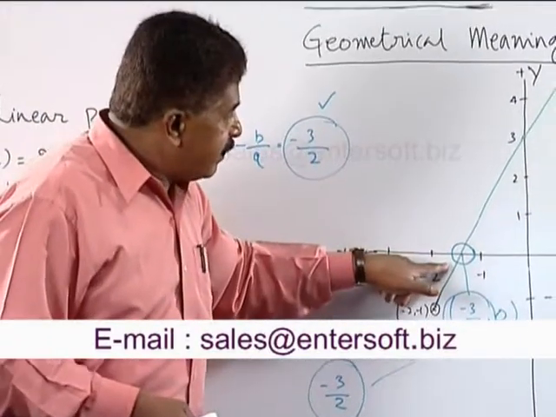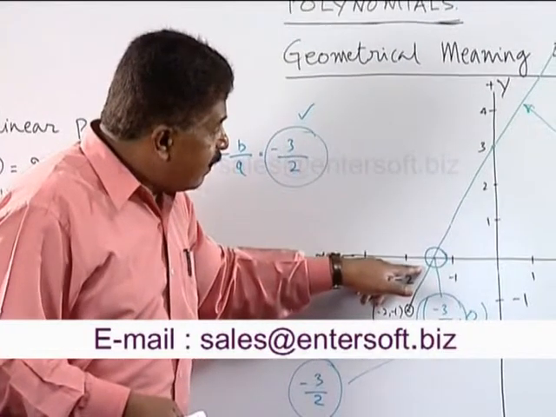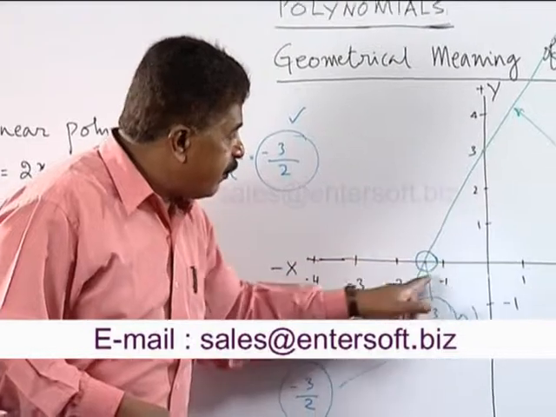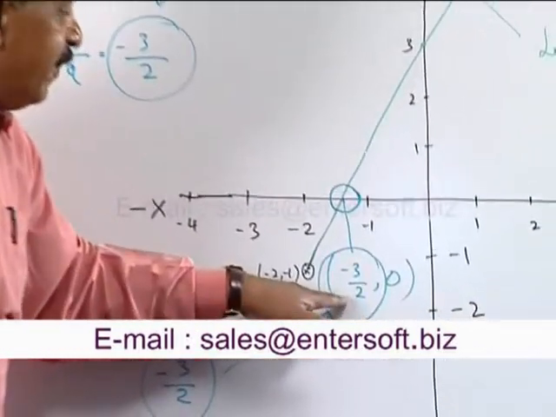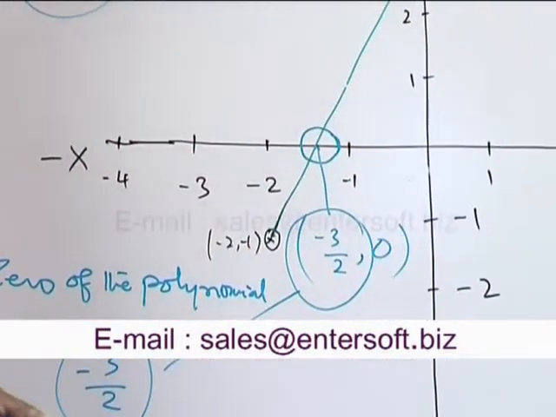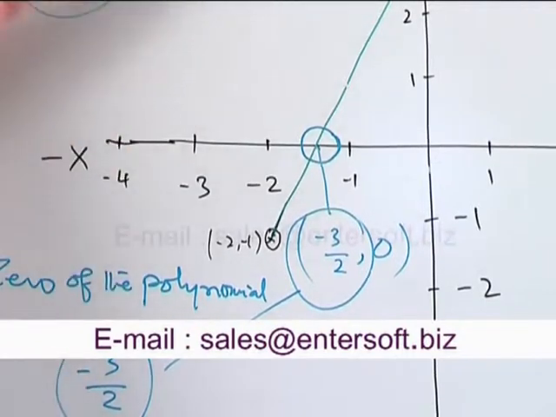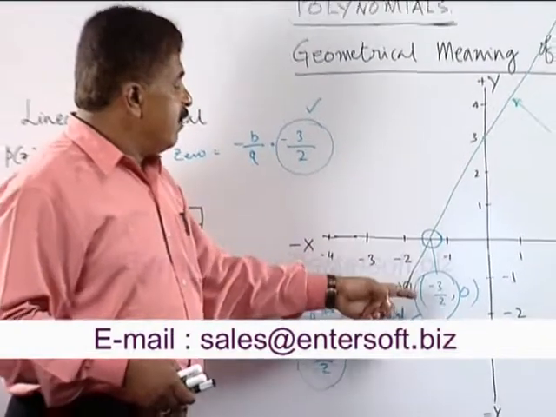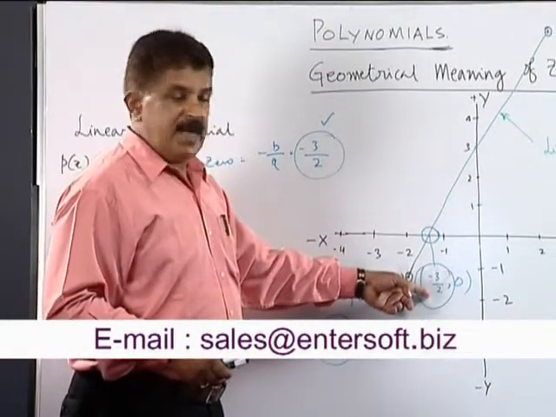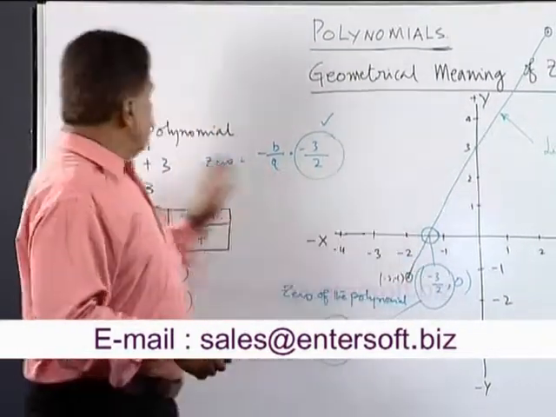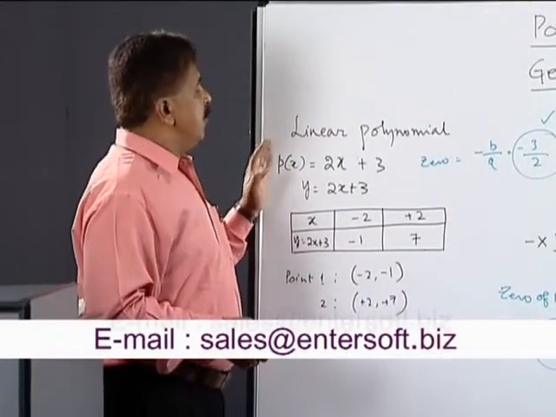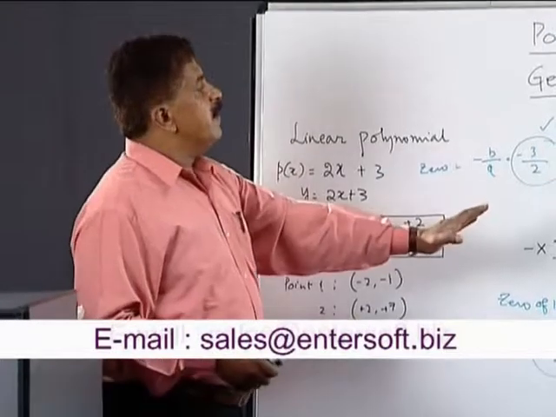Find out the coordinates of this point. Because it is on the x-axis, the y value will be 0, therefore you have got only one value, the x value, and that x value is nothing but the 0 of the polynomial. So given a graph, you are able to find out what type of polynomial this is and what is the 0 of the polynomial, or given a polynomial expression, you are able to find out the values and make it into a graph like this.